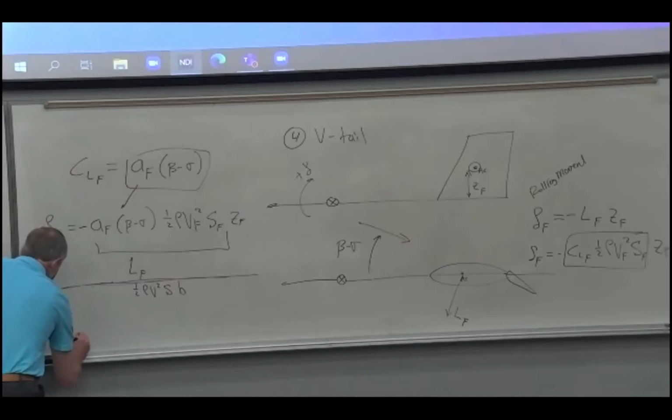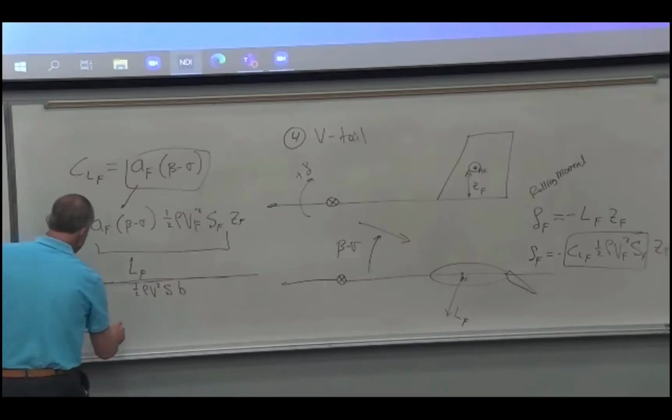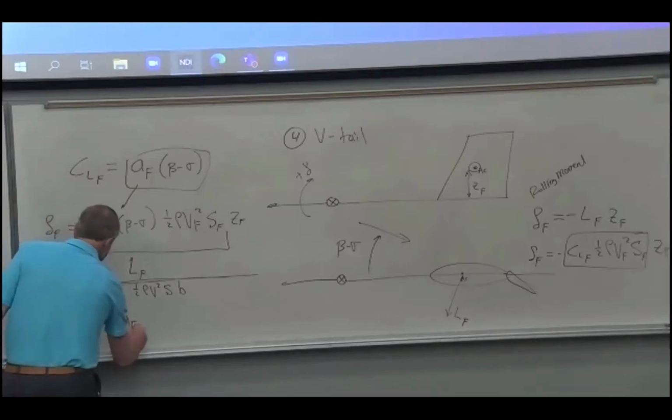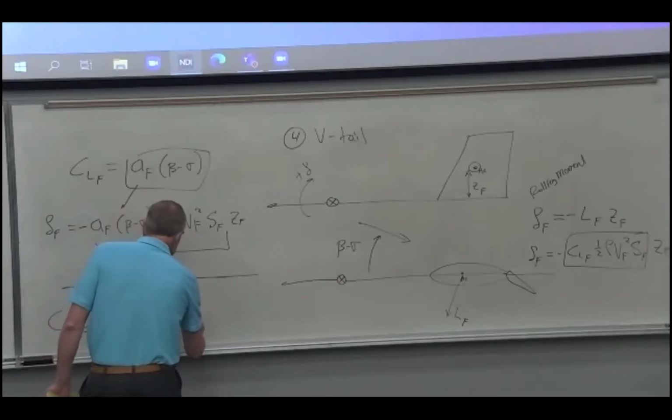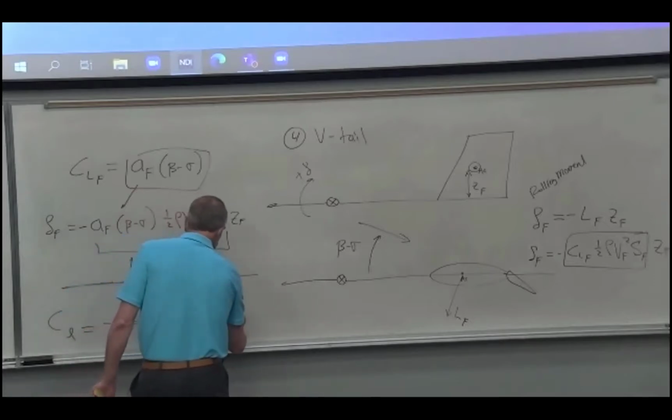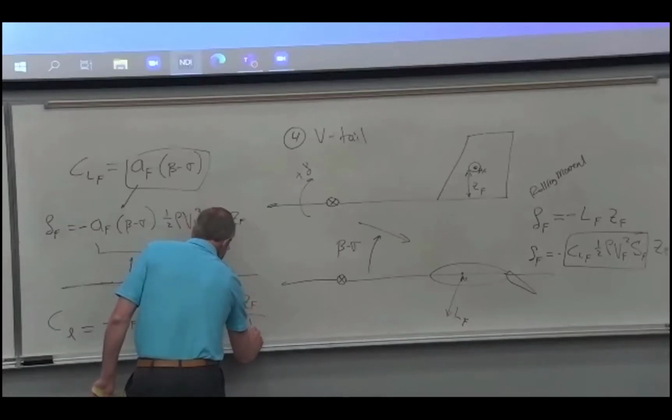So then CL, the rolling moment coefficient, is going to be AF times beta minus sigma. The 1/2 cancels, the rho cancels. We get our V sub F over V squared, just like we did last time. We get the SF over S ratio, and we get the ZF over B ratio.